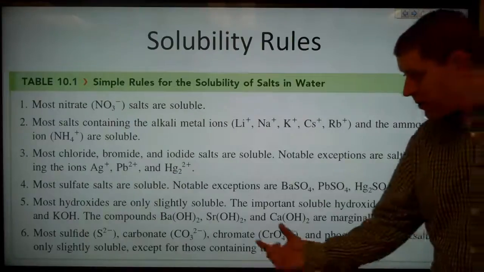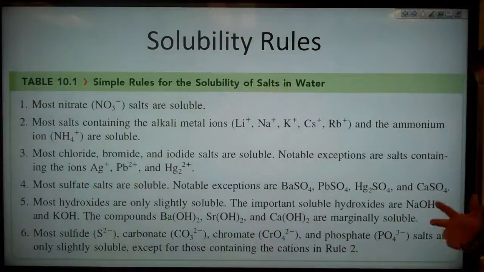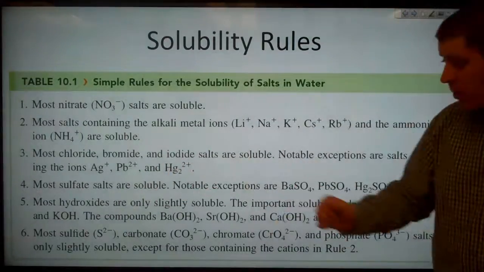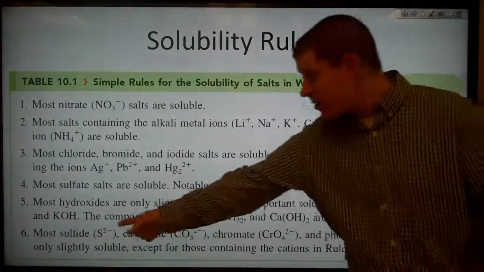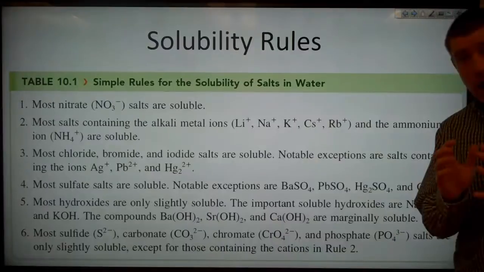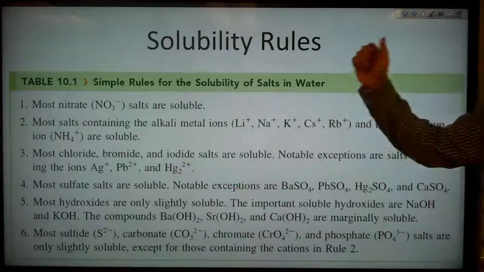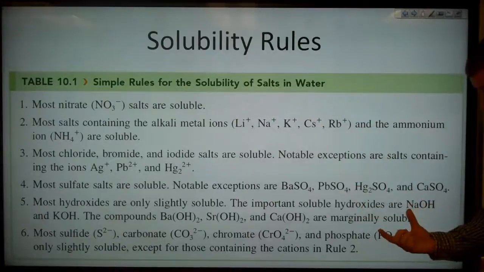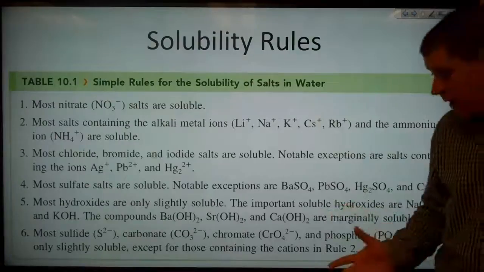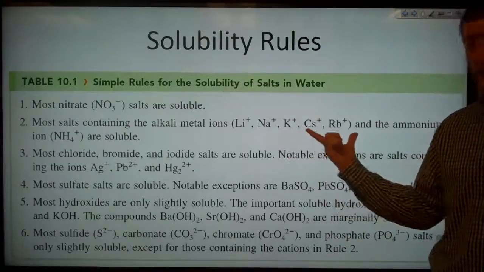The compounds barium hydroxide, strontium hydroxide, and calcium hydroxide are marginally soluble. Rule 6 says most sulfides, note that this is not sulfates, this is sulfides, where we just have a sulfur ion, S2-. Most sulfides, carbonate and chromate and phosphate salts are only slightly soluble, except those containing the cations in rule 2, the alkali metal ions.